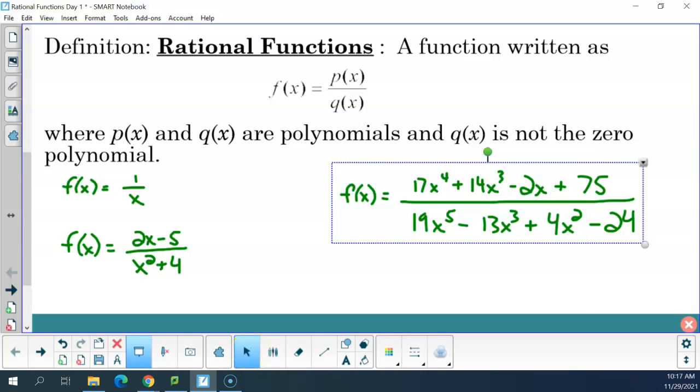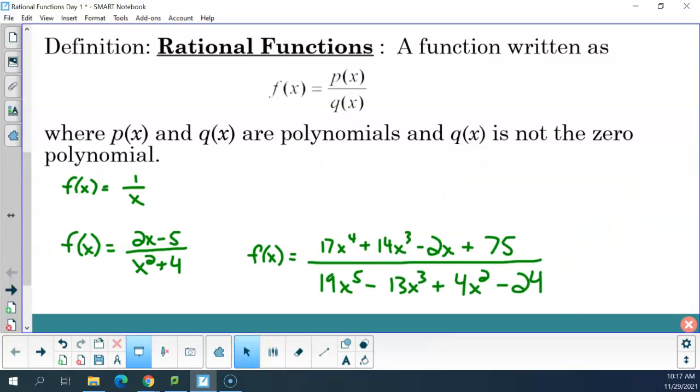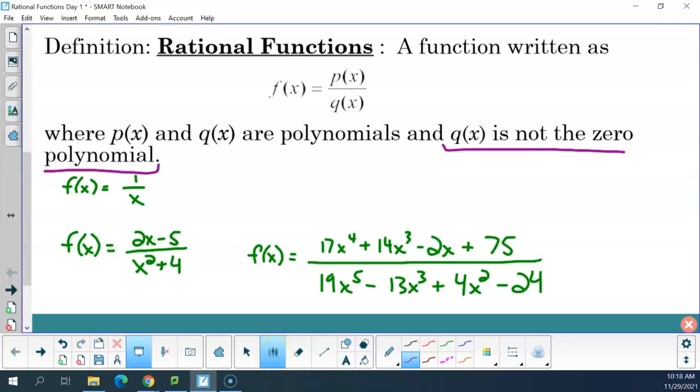Now, there's an extra component here. Q of x is not the zero polynomial. What does that mean?